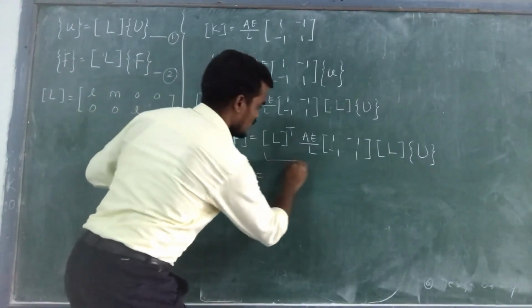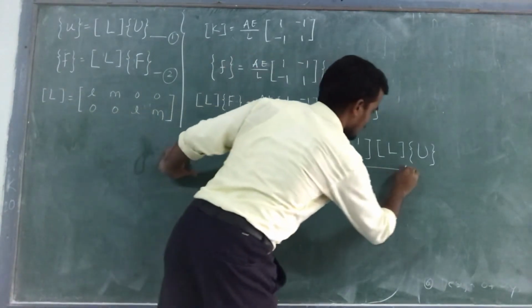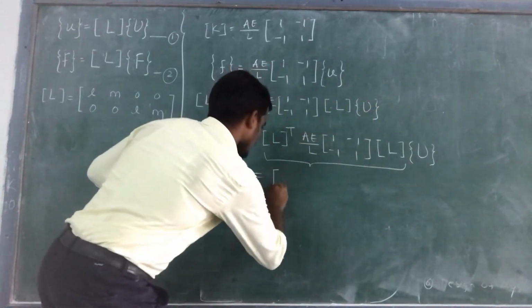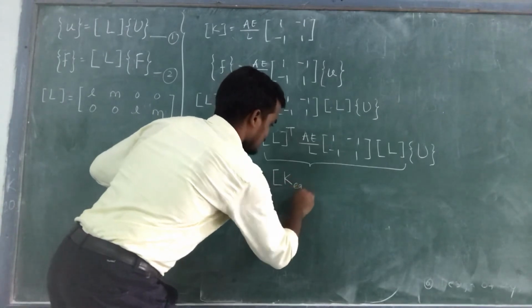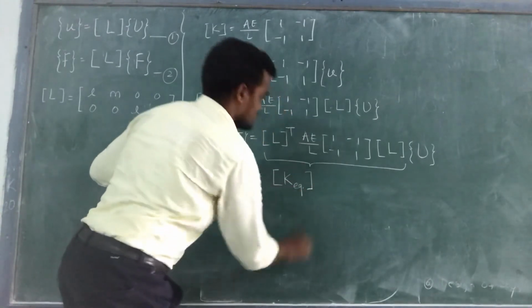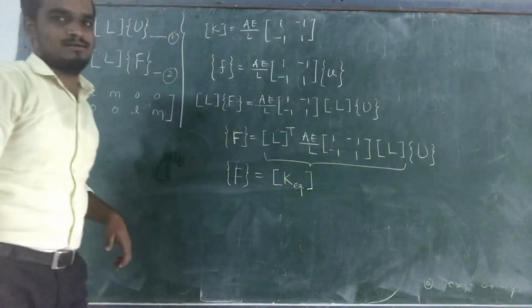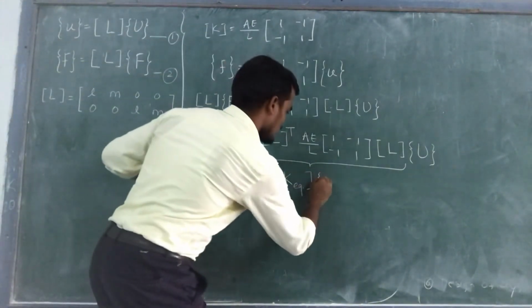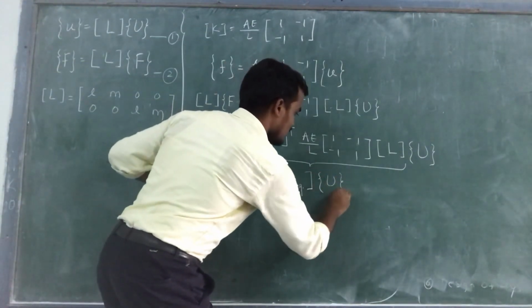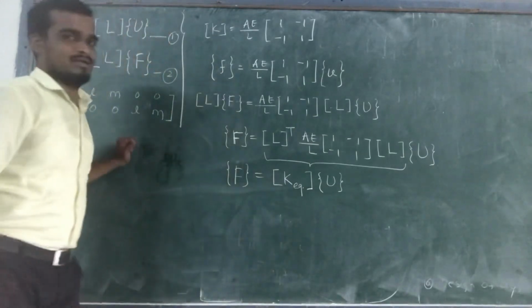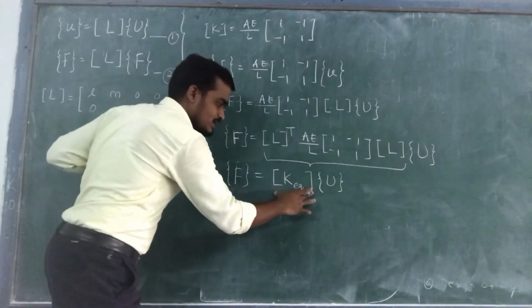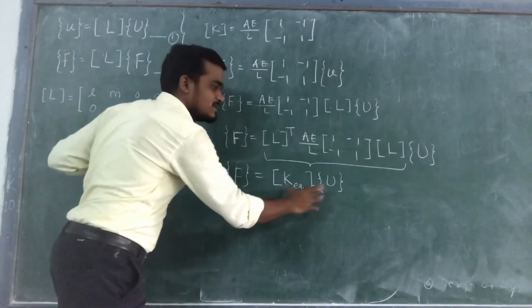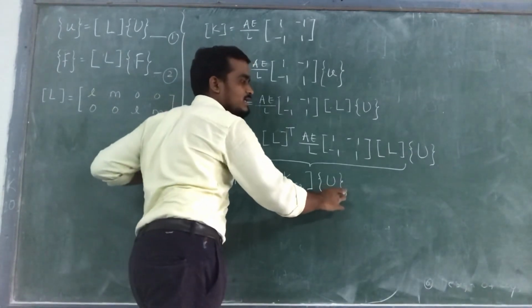Now this is your equivalent stiffness matrix for the truss element into your global displacement vector. So this is your global force vector, this is your global stiffness matrix, and this is your global displacement vector.